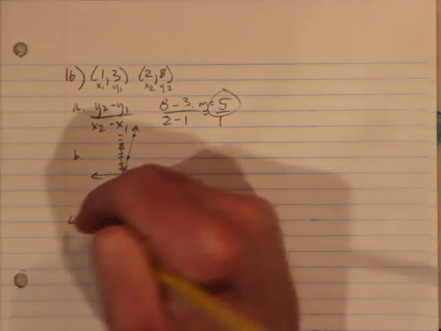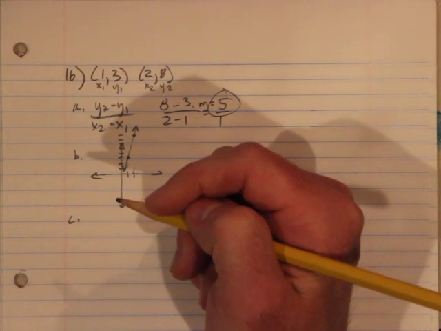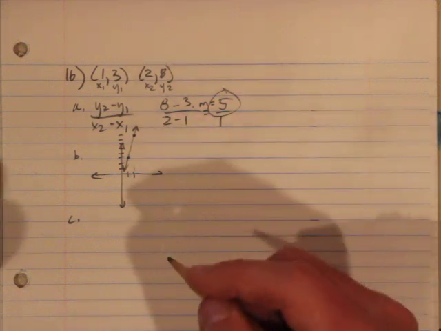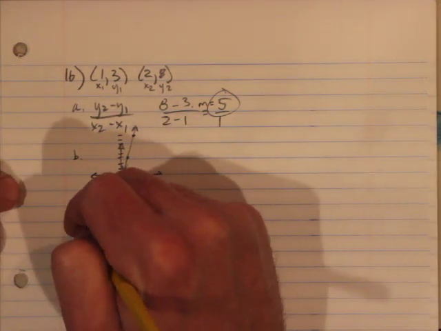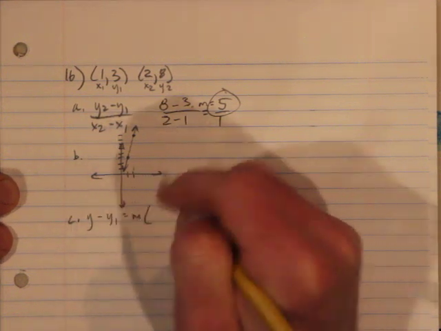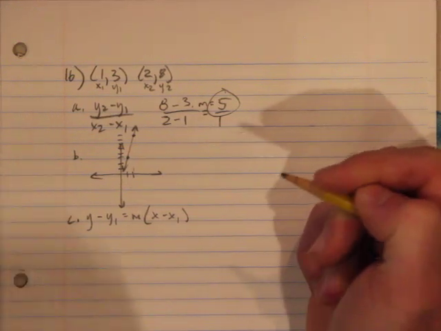Here's letter C here. Write an equation of the line in point-slope form. Okay, so point-slope form is y minus y1 equals the slope times x minus x1.